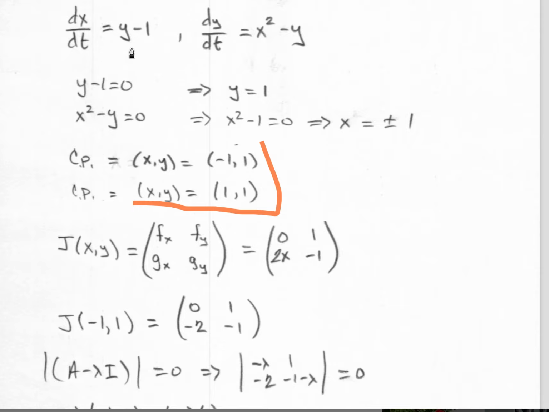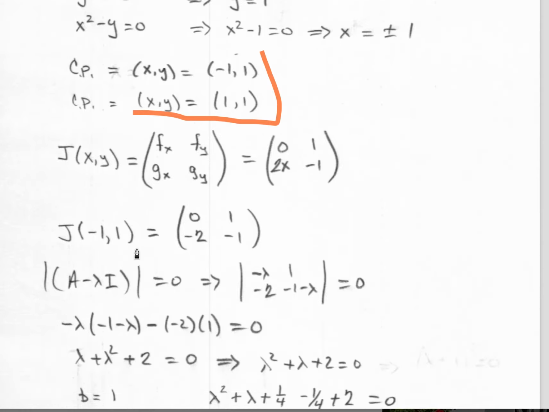So equation 1 with respect to x is 0. Equation 1 with respect to y is 1. Equation 2 with respect to x is 2x, and equation 2 with respect to y is negative 1. So I have this Jacobian: 0, 1, 2x, minus 1.